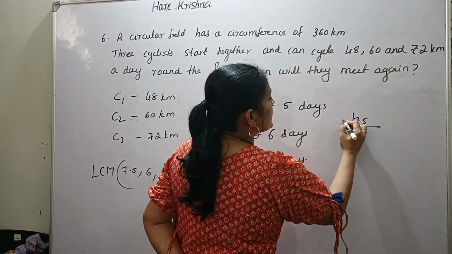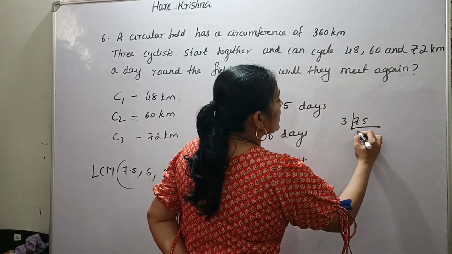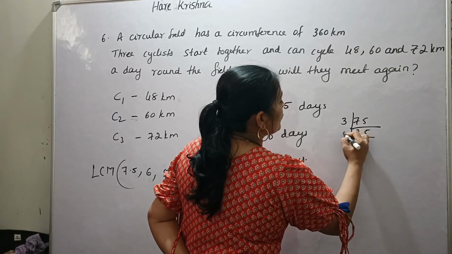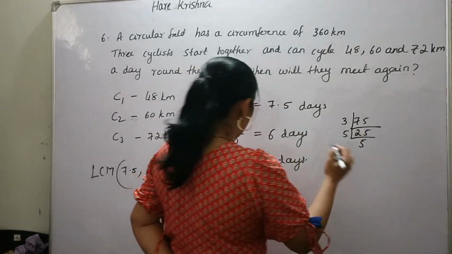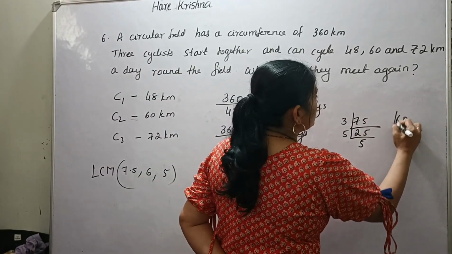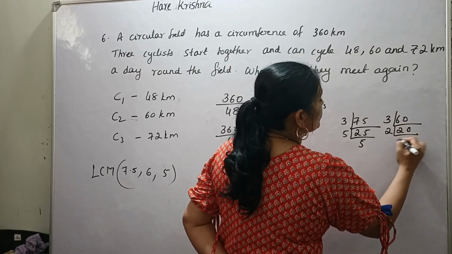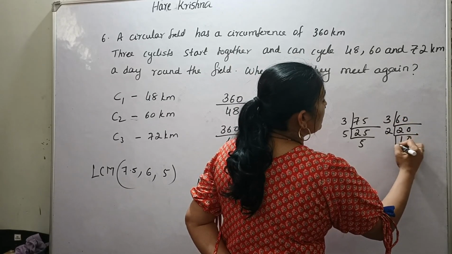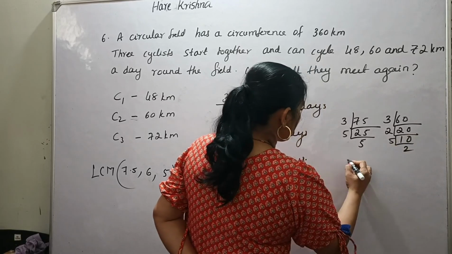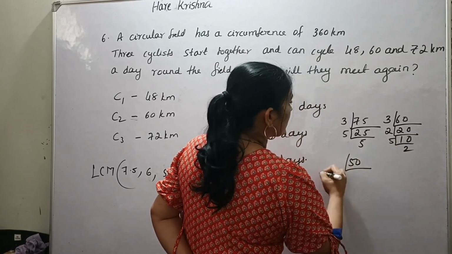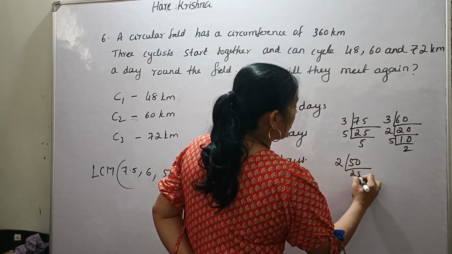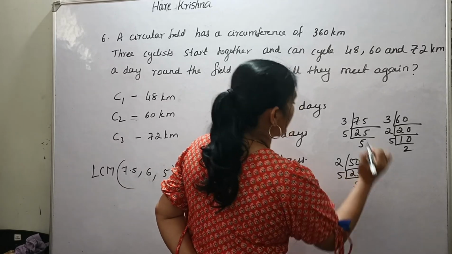75 is 3 times 25, and 25 is 5 times 5. Then 60 is 3 times 20, 2 times 10, 5 times 2. Then 50 is 2 times 25, 5 times 5.